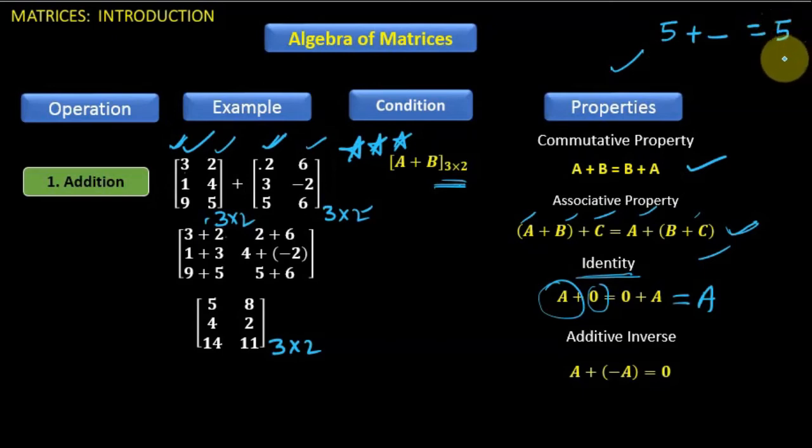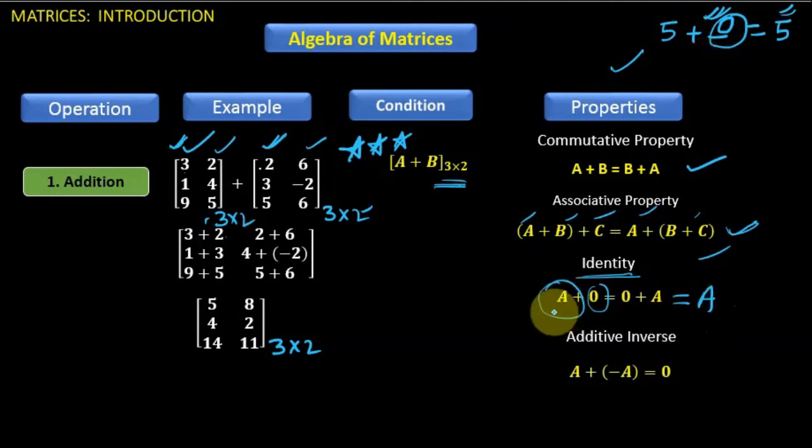Obviously if I add 0 to that, I get the same number. So this is my additive identity. Okay, so 0 is my additive identity.